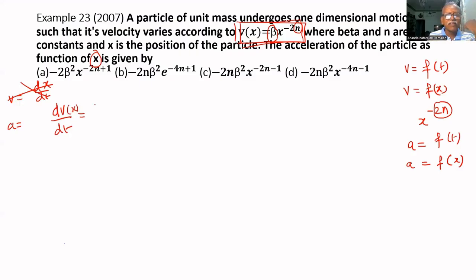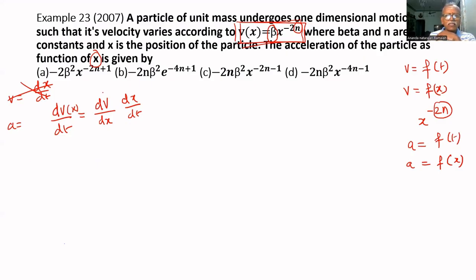That's why we can write like this. We will write dv by dx multiplied by dx by dt. Deliberately we are writing like that. So dv by dx we can find, because it is in terms of x.